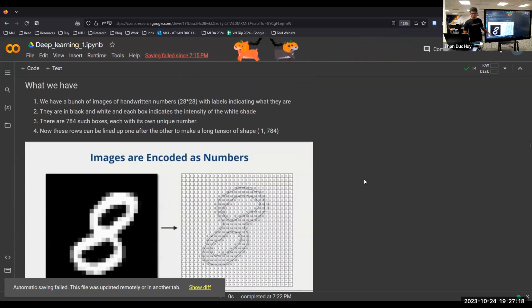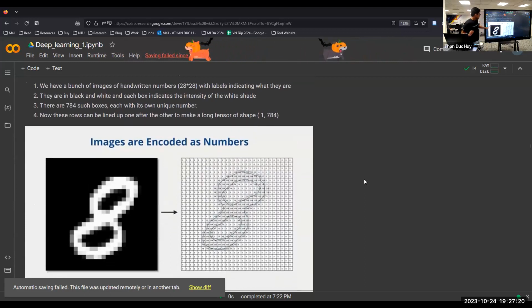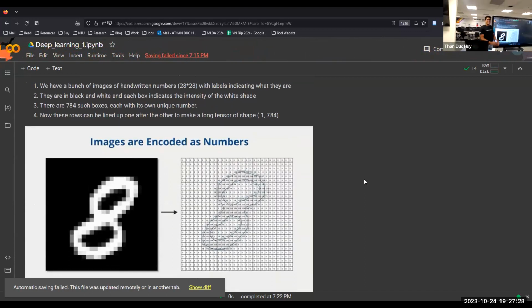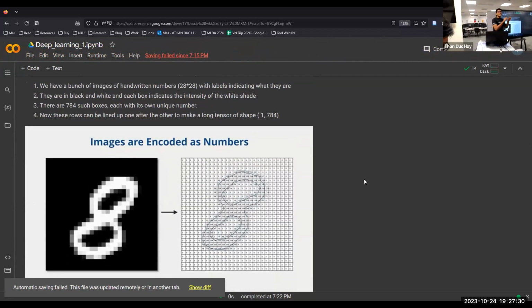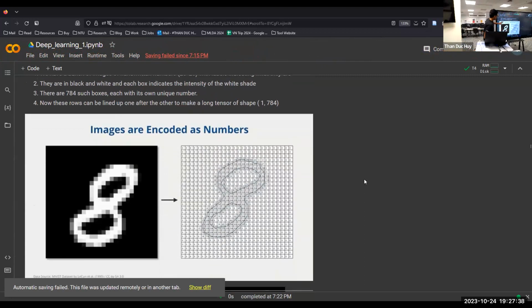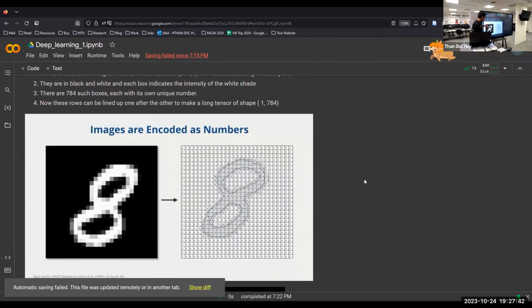Okay, so now we have this number, and what we will be doing is converting this into a tensor. We're coming back to that. We need it in number form, so we need to turn this image into a tensor, okay? What we are going to do is assign some value based on how bright the white color is. So if it's black, it's 0.